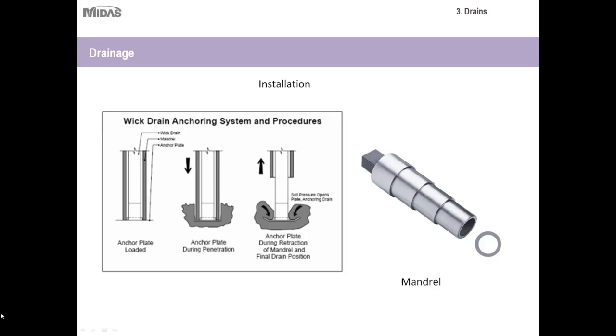For soils with exaggerated soil layering or large permeability ratios, the mandrel will enhance the horizontal permeability. Once it's installed, the mandrel is removed, and an anchor plate is fitted at the bottom, which anchors it in that final drain position.